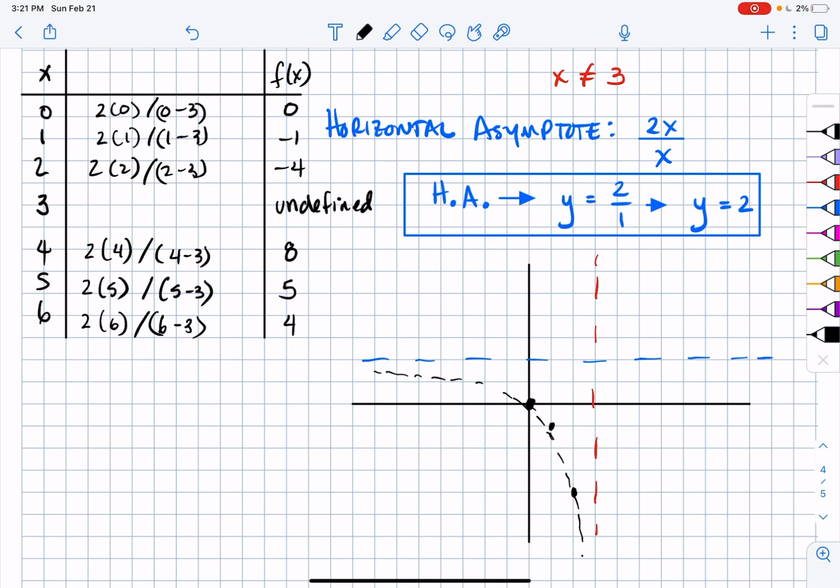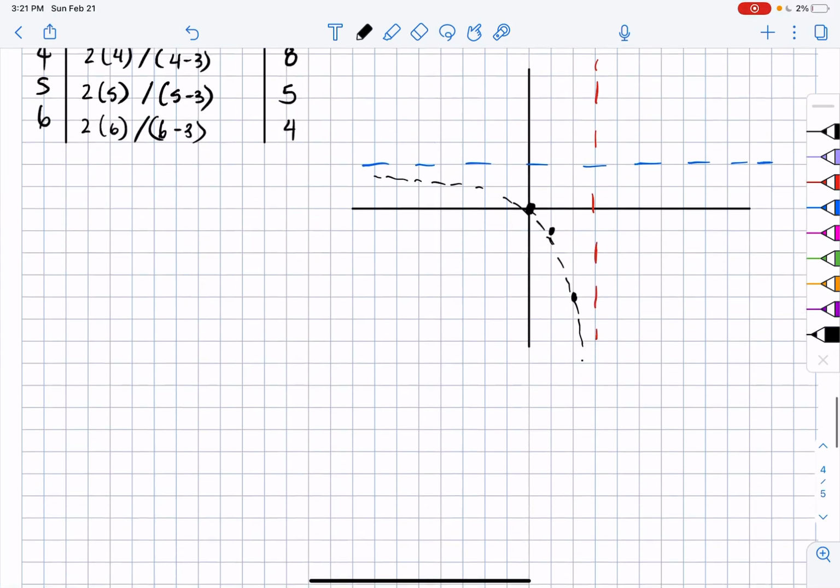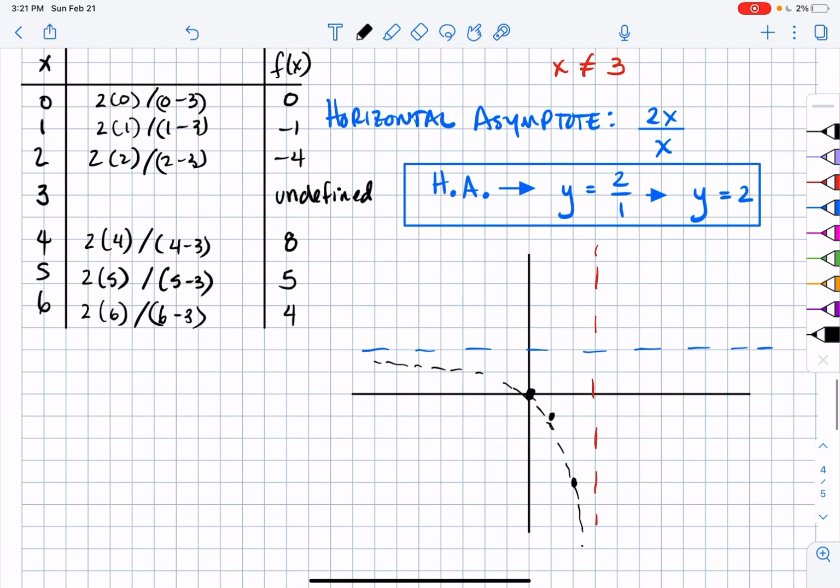And if I look at 4, 8, 5, 5, and 6, 4, from here it's going to look something like this. So that's what it would look like. That's the reason why we want to plot some points. And looking at that, that is going to be choice B.